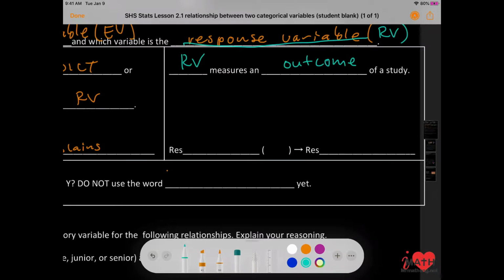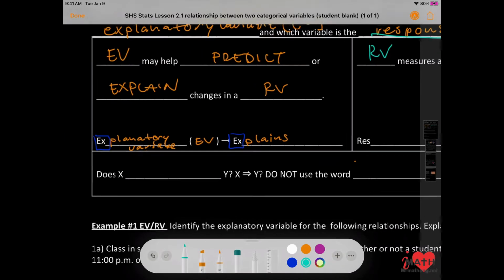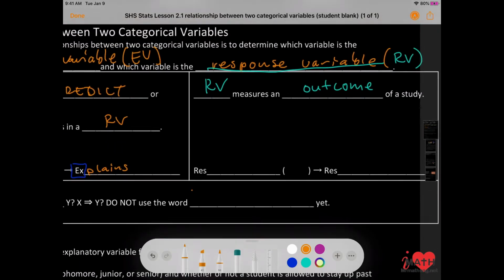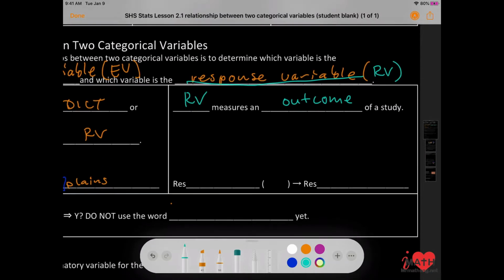Okay, so a response variable, that one that goes in there, the explanatory variable actually represents the x-coordinate. So your old friends, the x's and y's. The response variable is the y-coordinate. And it helps give you the results. Response, results.